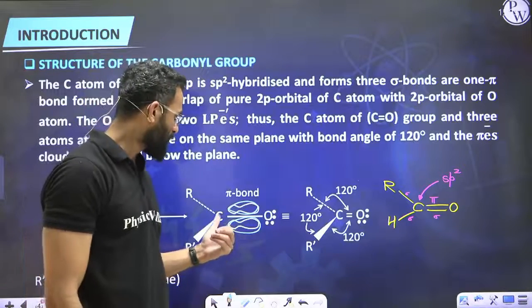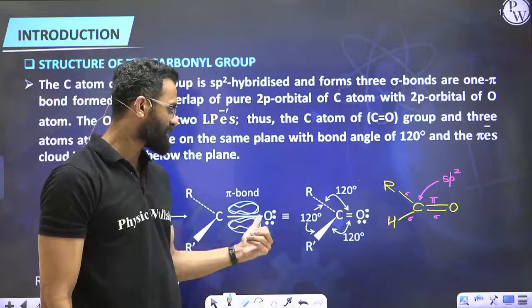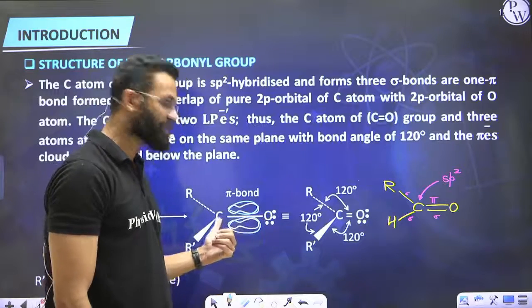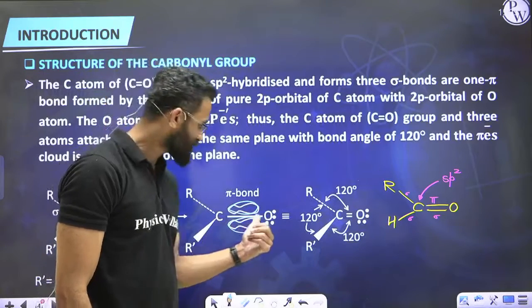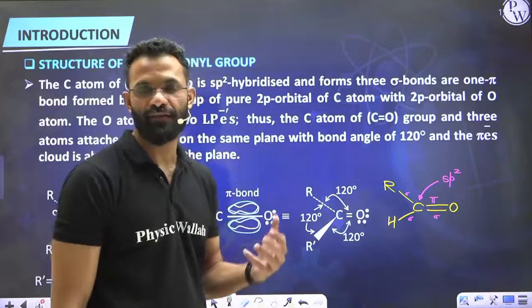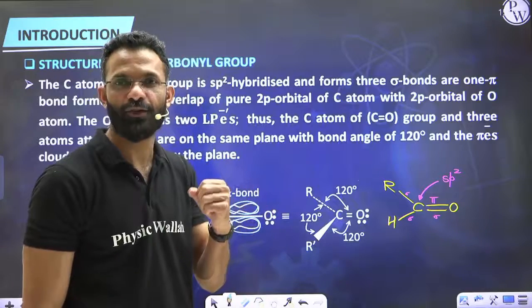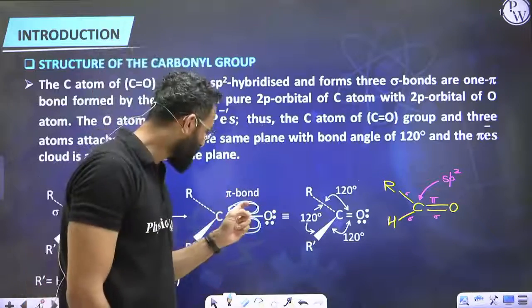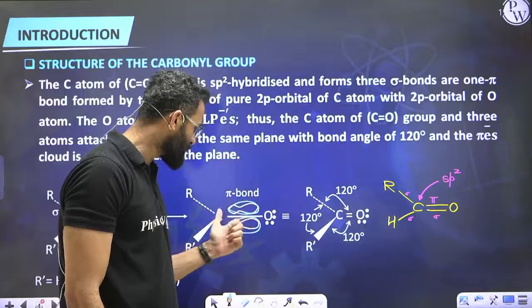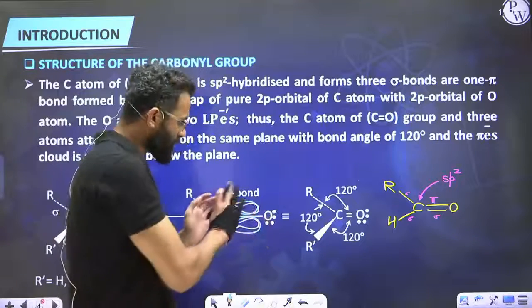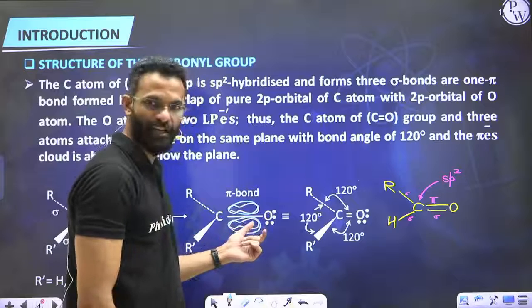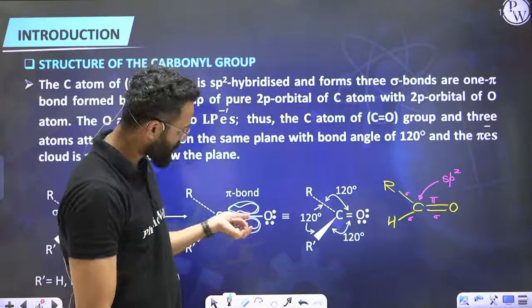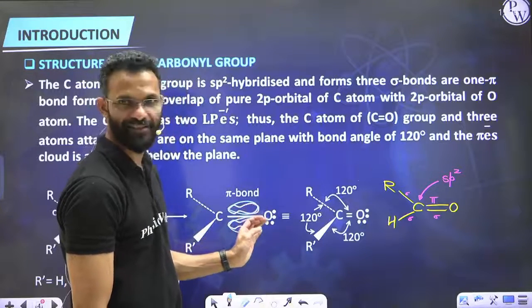We have carbon bonded to an oxygen atom, and oxygen is more electronegative than carbon. Since oxygen is more electronegative, it will have a tendency to pull the electron cloud towards itself. So the pi electron cloud which is shared between carbon and oxygen will obviously lean more towards the oxygen atom. Hence, the broader part of the electron cloud is shown towards oxygen.